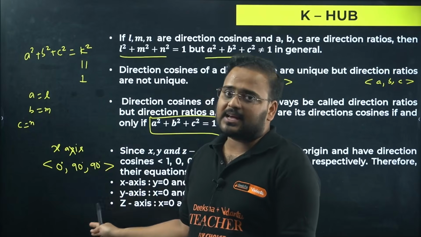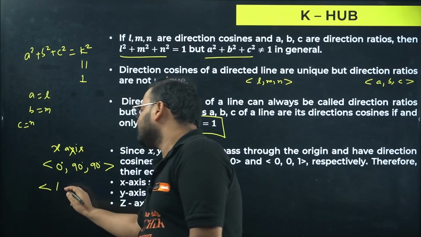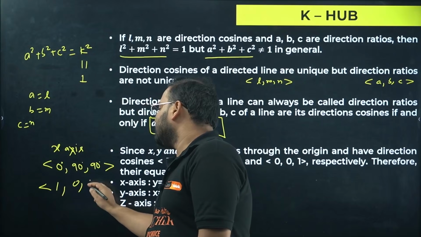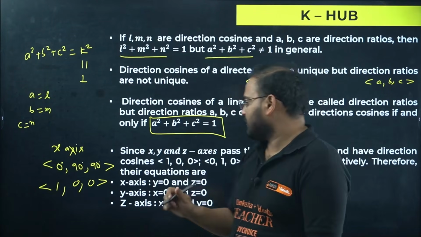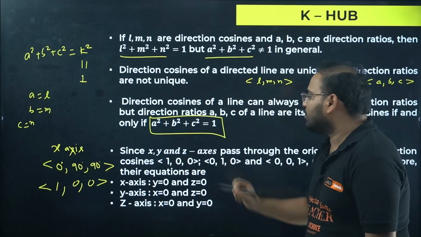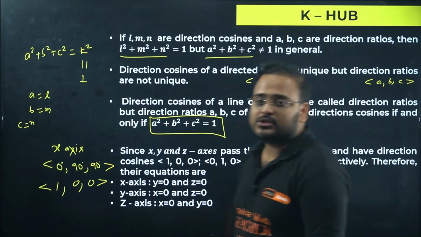If you take cos of these angles, cos 0 is 1, cos 90 is 0, and cos 90 is again 0. This becomes the direction cosines of the x-axis. So for the x-axis we have 1, 0, 0. For y it will be 0, 1, 0, and for z it will be 0, 0, 1.